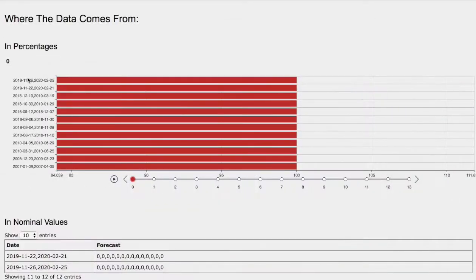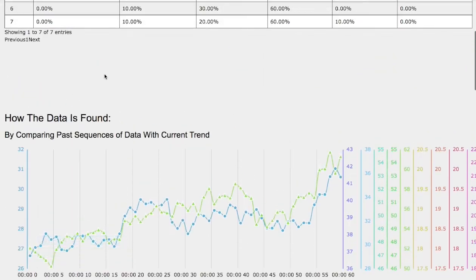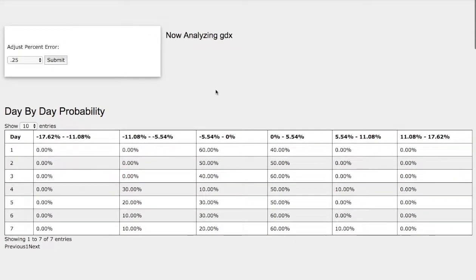So back to the day-by-day probability model, as the days progress to the 7th day, we see a slight favor to the upside. We have a 60% chance of gold miners climbing between 0 to 5% higher. On the extreme case, we have a 10% chance for gold miners climbing between 5 to 11% higher.